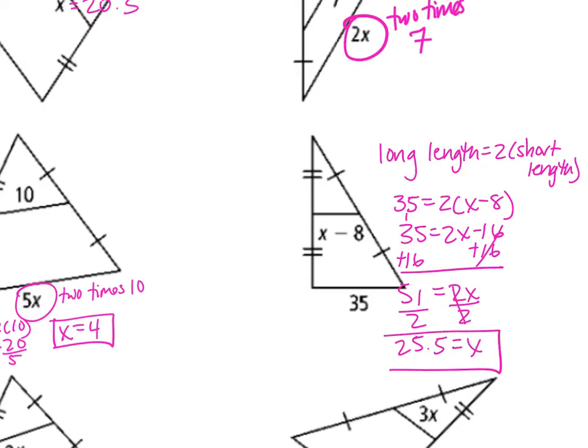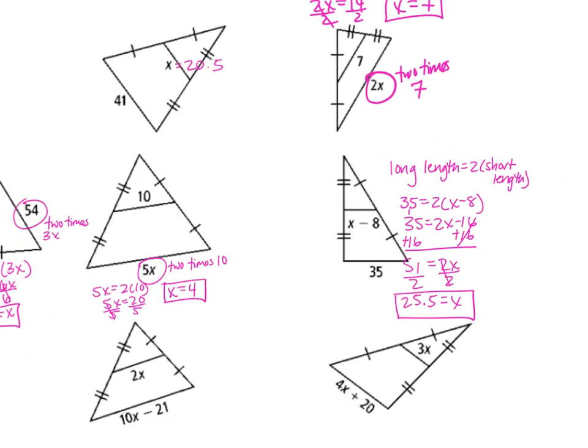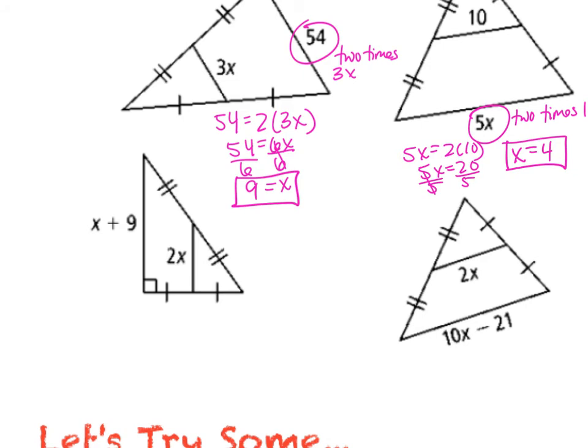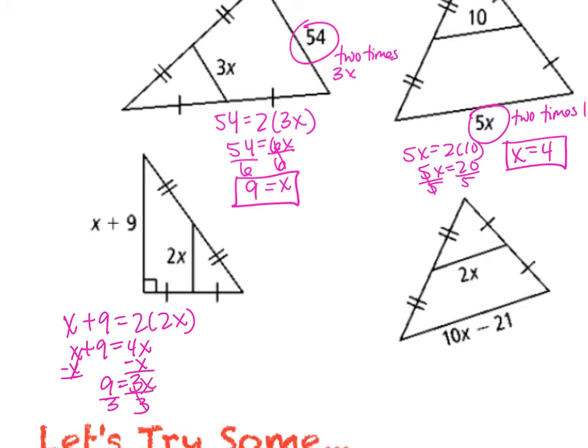So x equals 25.5. So here, once again, we have the long side is going to be 2 times the short side. x plus 9 equals 4x. Divide each side by 3, so x equals 3.